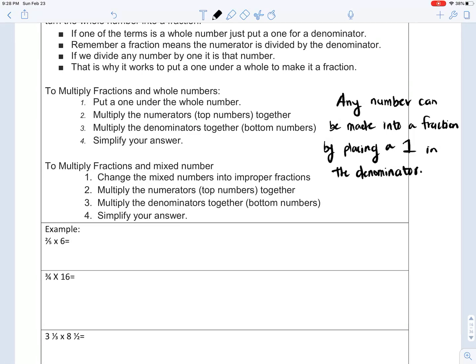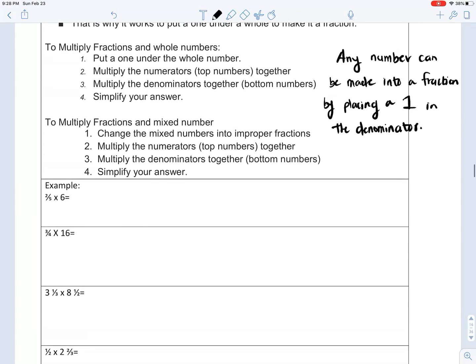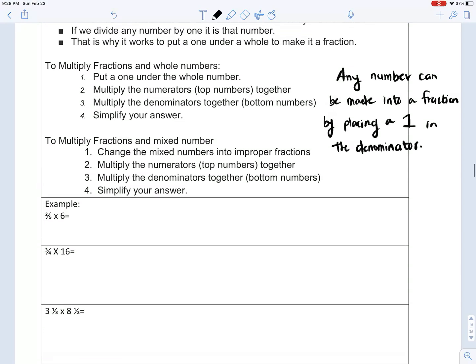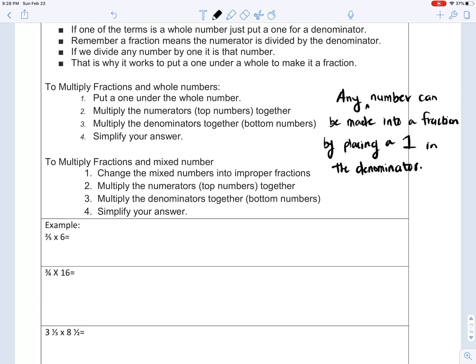Okay? I'll leave this definition here because I think this is good for what we need to know right now. Okay, so any whole number can be made into a fraction by placing a 1 in the denominator.